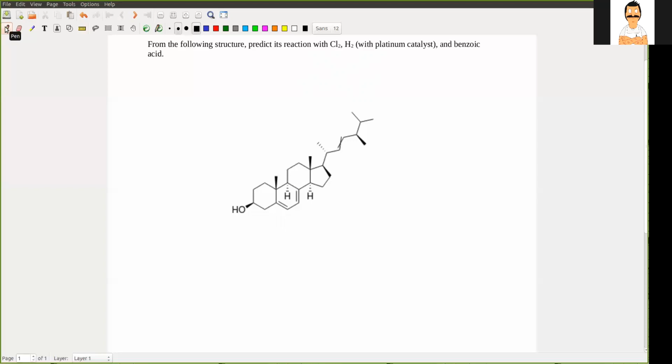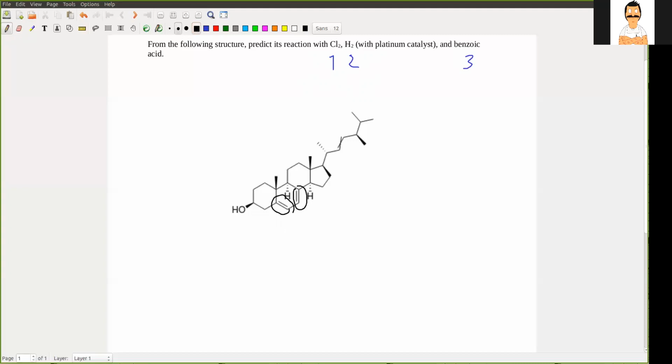So let's start with, let's call this reaction, we'll just number the reactions. So this will be number 1, number 2, and number 3. Okay, so with number 1, we're just going to zoom in on this area or this area.